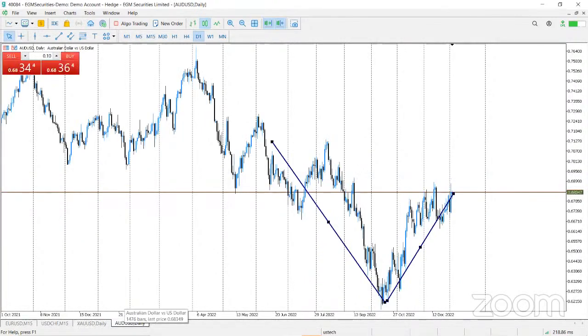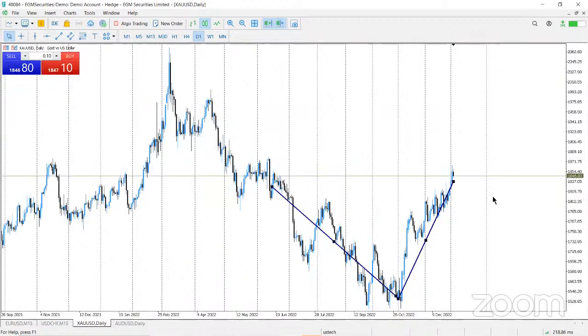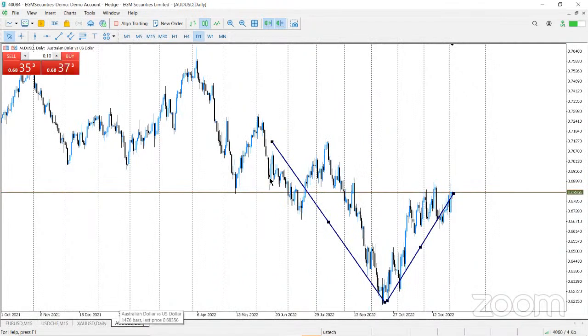So if you're planning on taking a long-term position on either one of the assets, you wouldn't want to be buying gold, then selling Australian dollar, because you'll be canceling out the position. One position is obviously going to gain, while the other position will lose you money because you are in opposite positions, because generally they tend to move in the same direction.